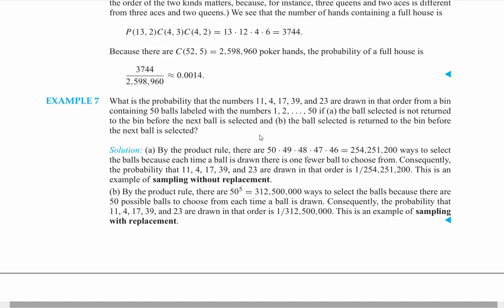Okay, so for part A, where we're not returning the ball, how many possible outcomes? Well, there are 50 outcomes for the first drawing. So one of these 50 balls comes out. We're not returning it, so now there are 49 balls that can come out for the second drawing. 50, 49, 48, 47, 46.